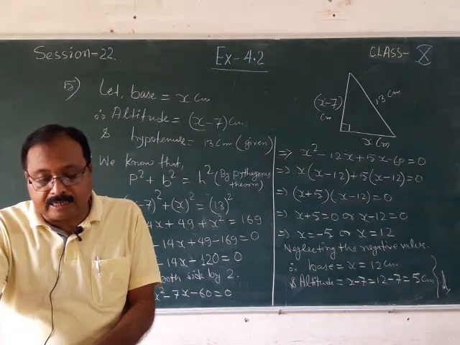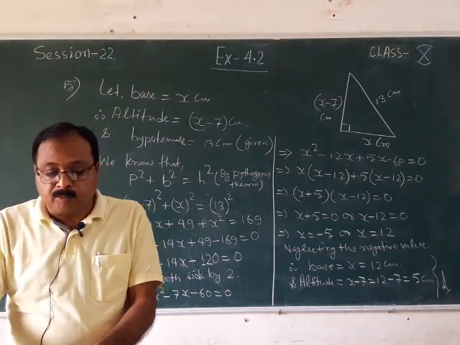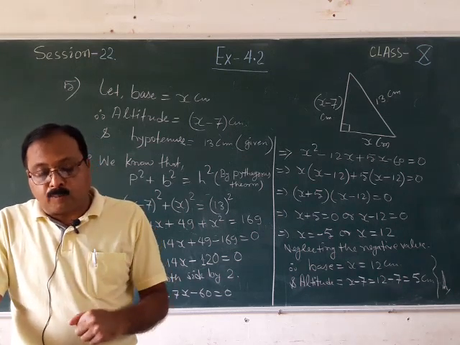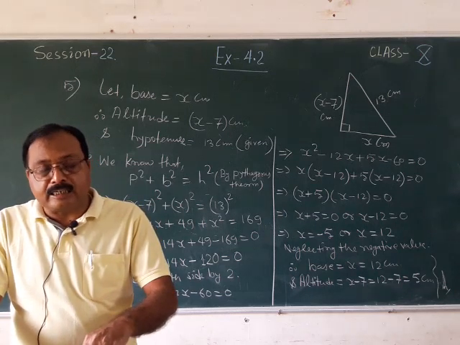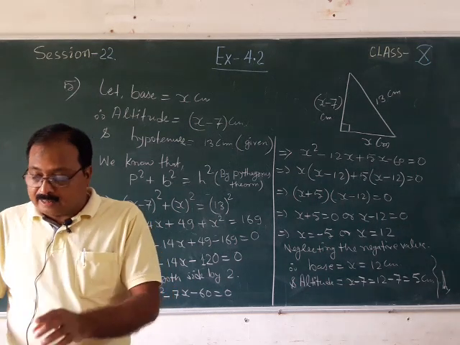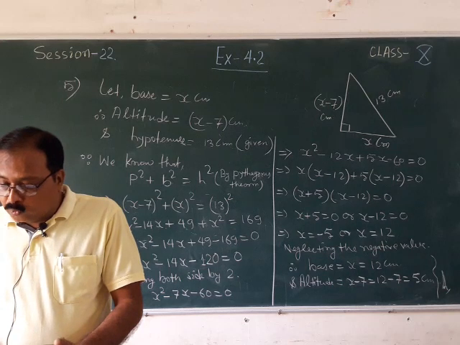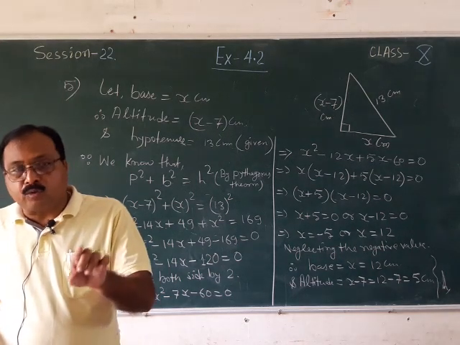First of all, take the total number of pottery articles produced in a day as x. So, the cost of one article will be 90 upon x. Why? Because it is written that the total cost of production on that day was rupees 90.